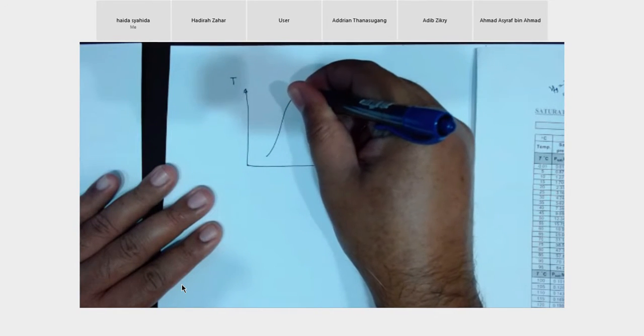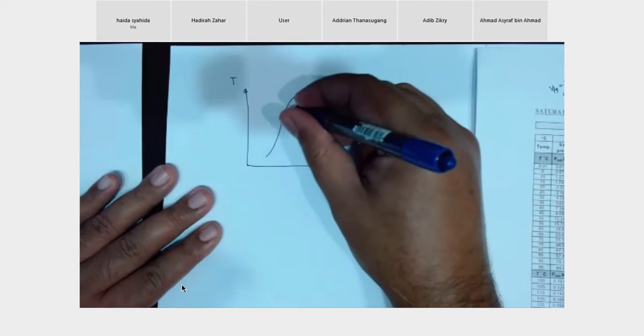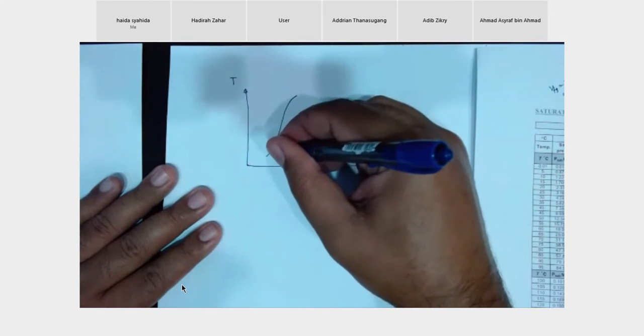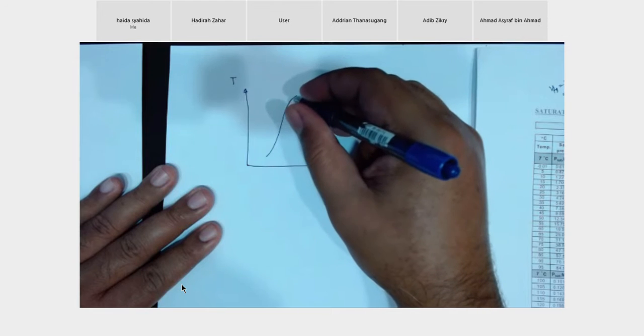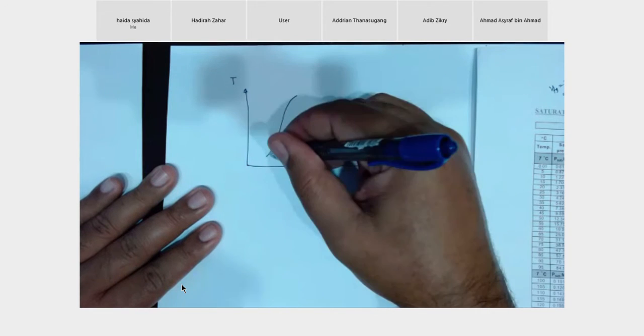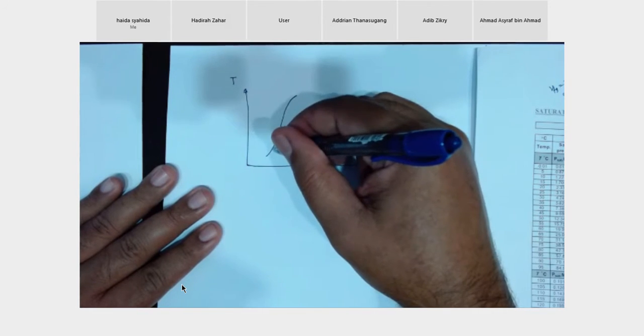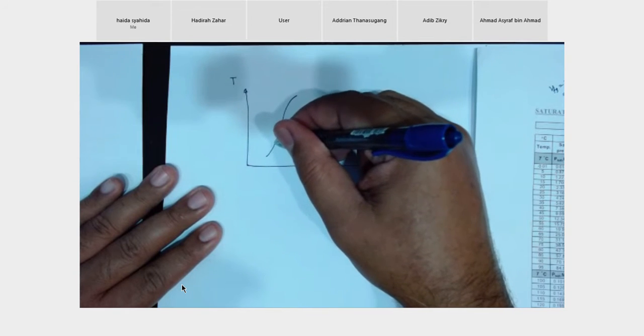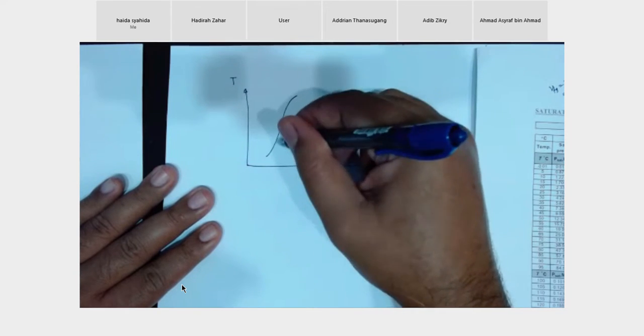This line represents the saturated liquid, in Malay we call it cecair tepu. So this line is known as cecair tepu.